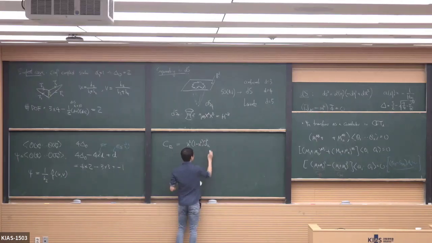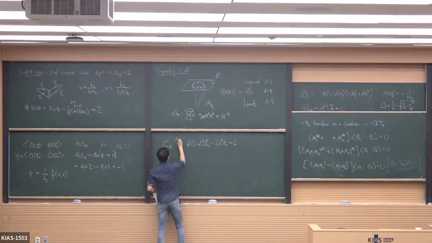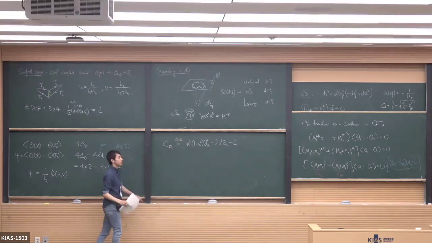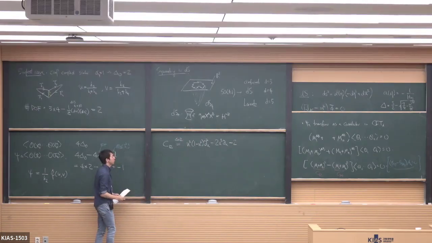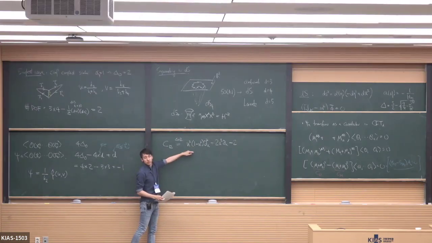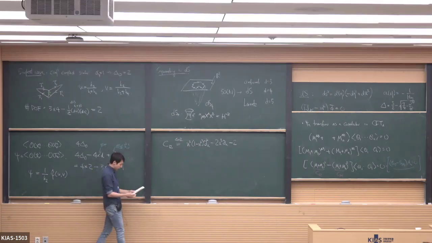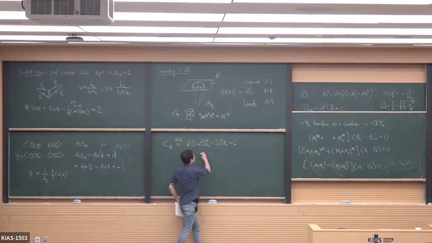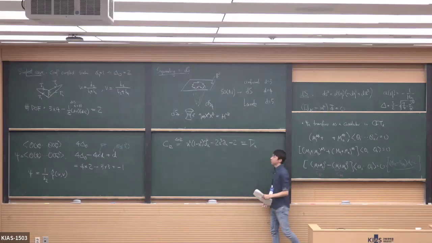It's going to be some second order differential operator in U. When you plug in delta equals 2, C12 takes this form, some second order operator in U, and C34 is the same operator in V. So let me define this as some differential operator in U, D sub U.